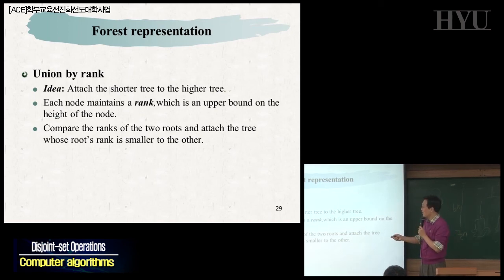So more exactly, each node maintains a rank, which is an upper bound on the height of the node. And compare the ranks of two roots and attach the tree whose root rank is smaller to the other. So we compare ranks of the roots, but this is an upper bound of a height, not the exact tree height.